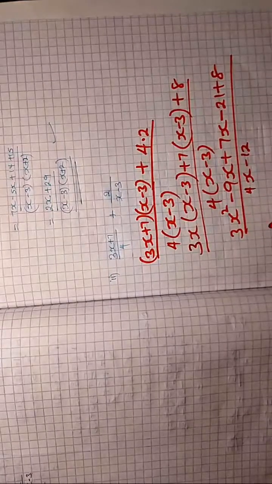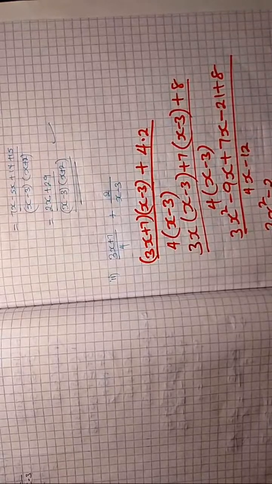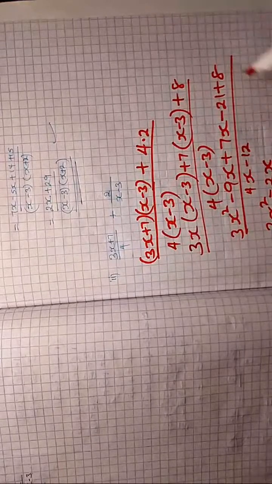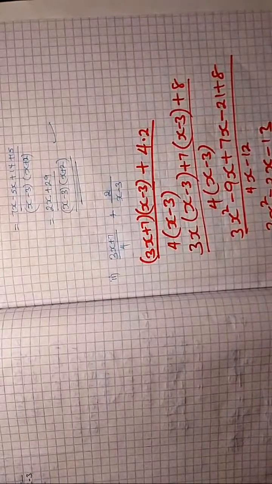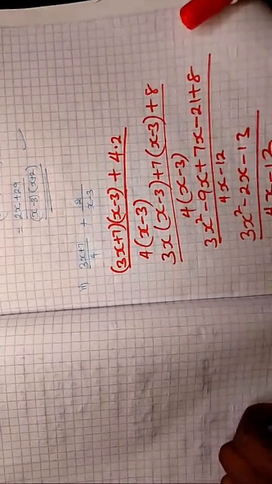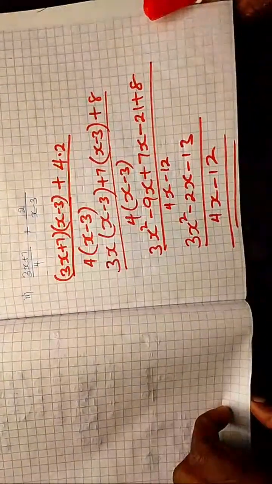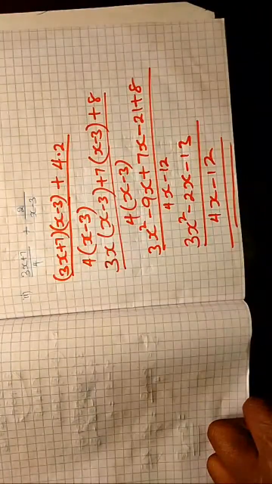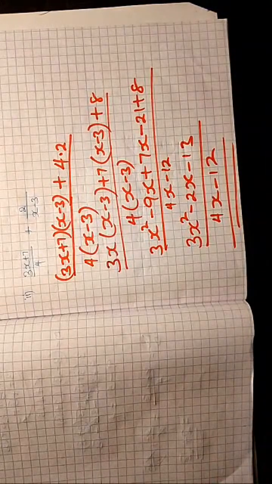It will be 3x squared minus 9x plus 7x, that is minus 2x, minus 21 plus 8, that is minus 13, over 4x minus 12. And that is the answer.